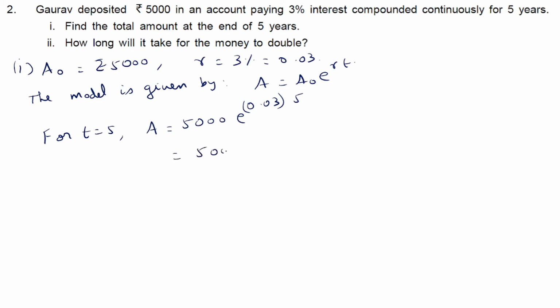So it is 5,000 into e raised to 0.15. Now this e raised to 0.15 is equal to 1.162. So this is equal to 5,810. So the amount after 5 years is 5,810.